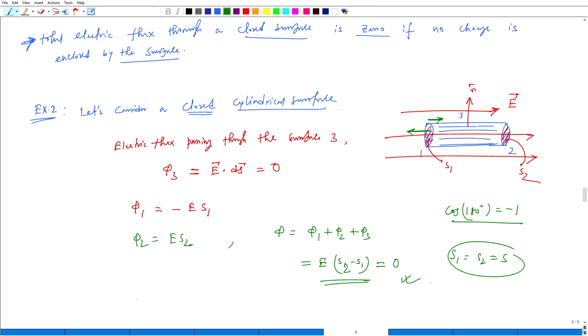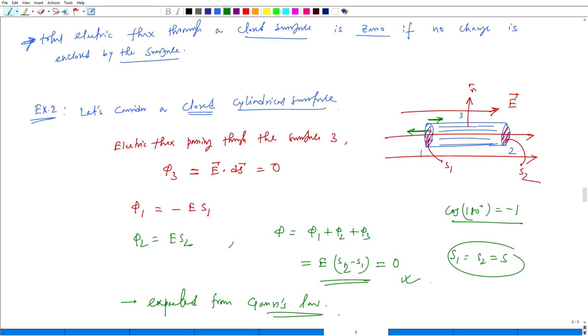In these two examples we considered the simple cases and verified the Gauss law.